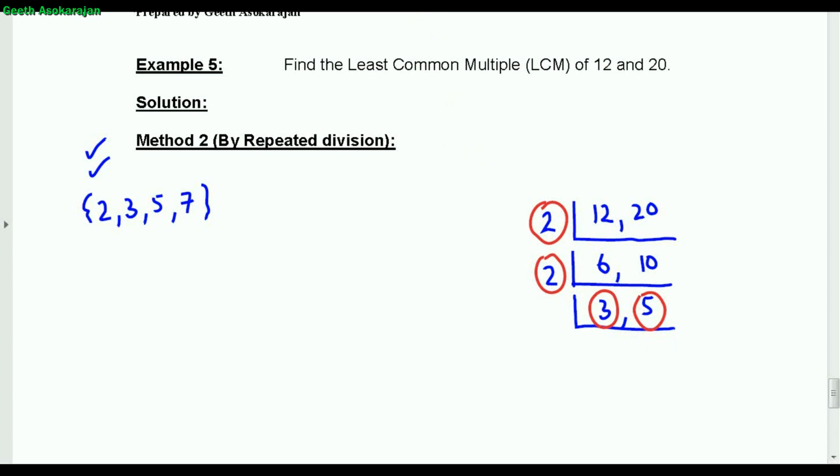So let's write down the LCM of 12 and 20. 2 times 2 is 4. 4 times 3 is 12. 12 times 5 is 60. And then we're done. So 60 is the LCM of 12 and 20.